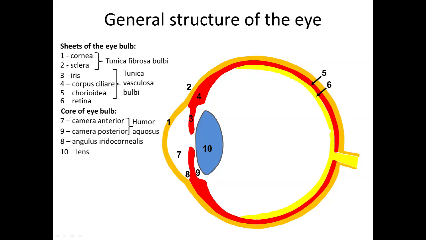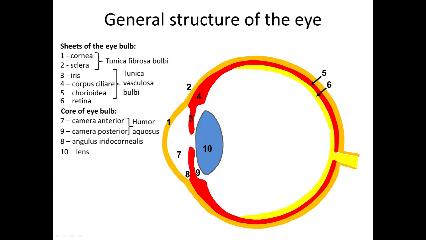Retina has a lot of receptors for transforming the light into electrical impulses in the nerve, in the optic nerve.